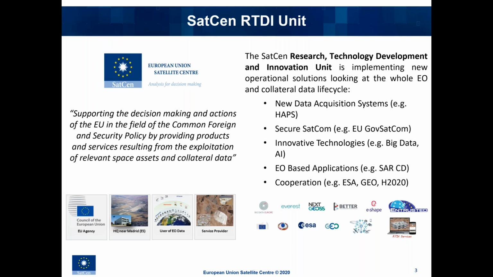We have projects on innovative technology like big data and artificial intelligence, and we are also working on developing our own chains based on Earth observation data, like SAR change detection, as you will see today.